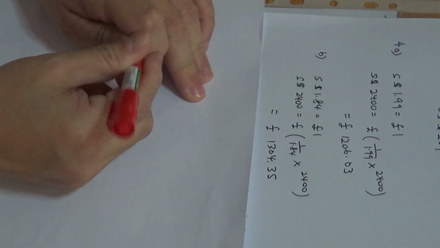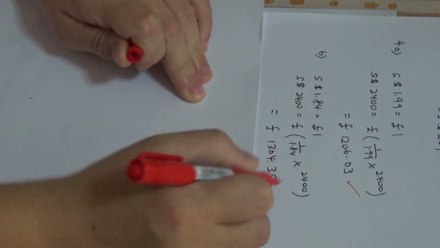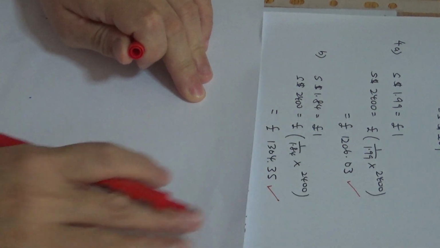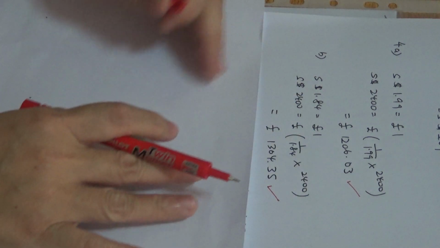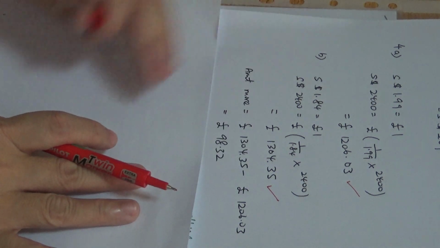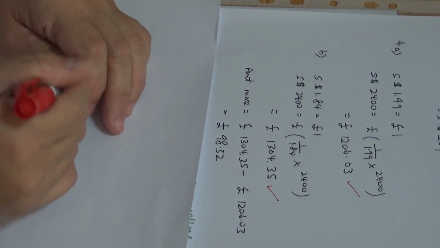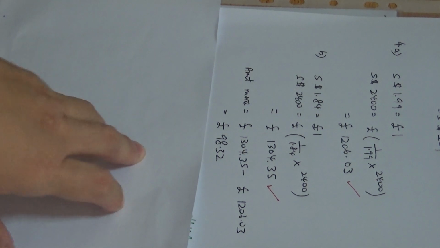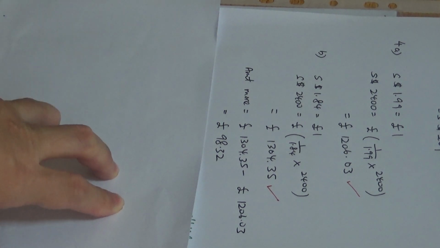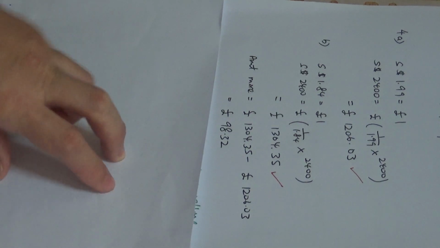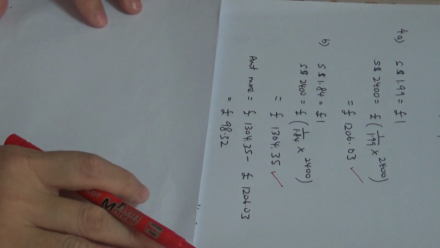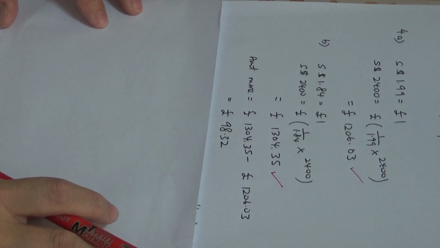Now in part A, he gets this amount. In part B, he gets this amount. You must take this minus this in order to find the amount more. So the amount more is actually 98.32. So class, make sure you read the question before you answer it and not miss out anything. Okay, this is your question number 4.